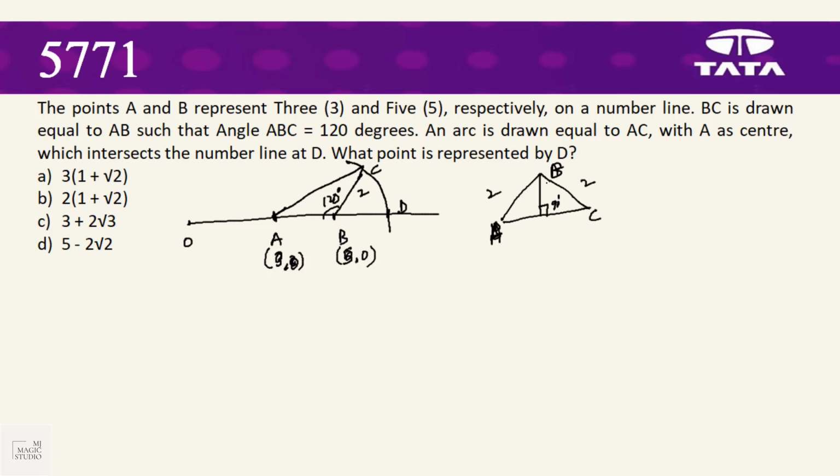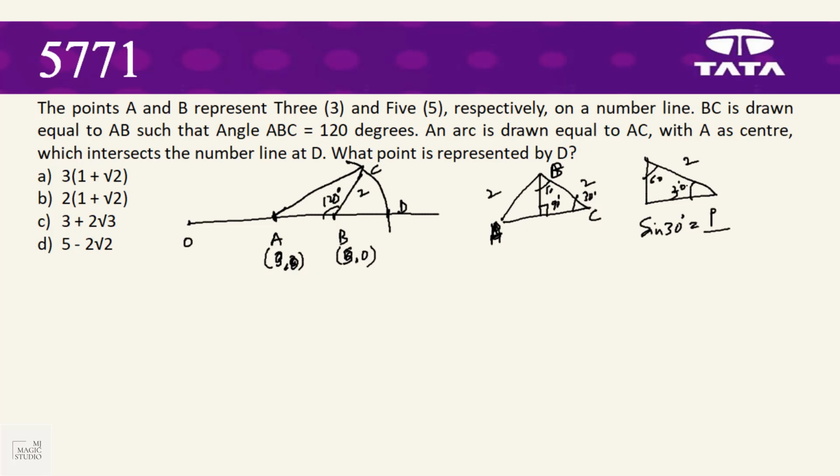That means it's an isosceles triangle. If I drop a perpendicular, this will be 60 degrees and this will be 30 degrees. So we have a triangle with this side 2, this angle 60 and this angle 30. So the base angle is 30.